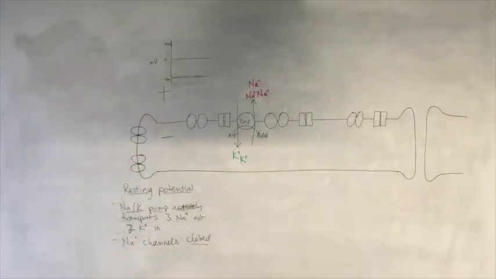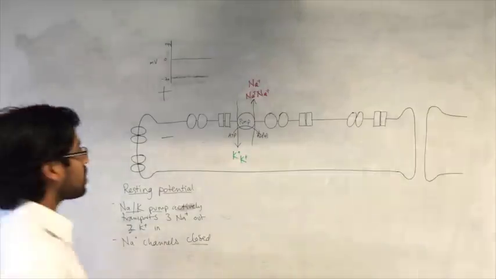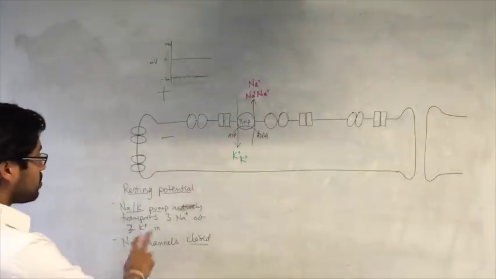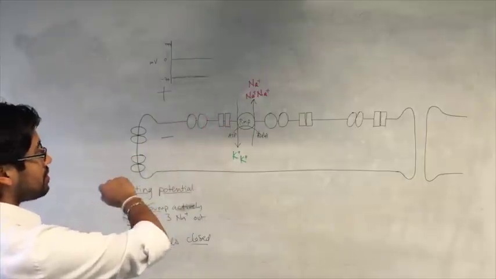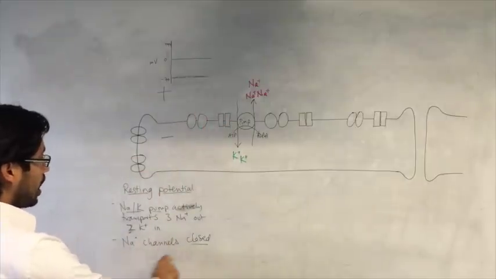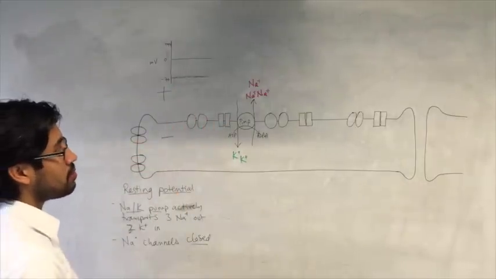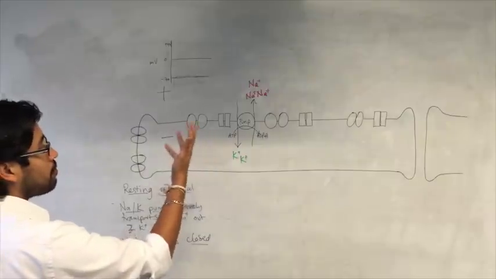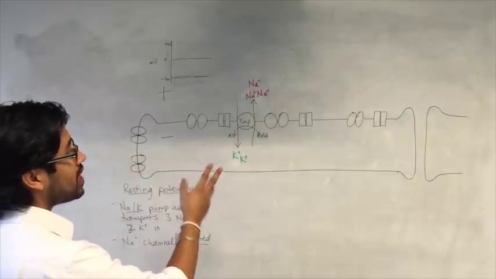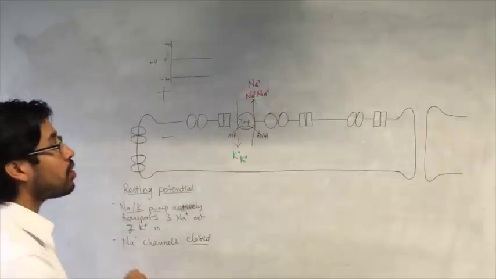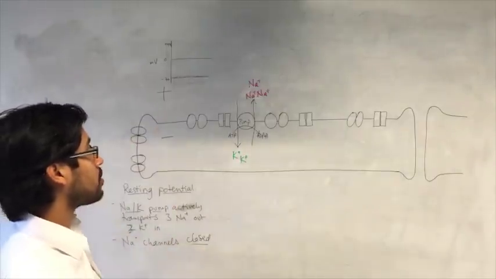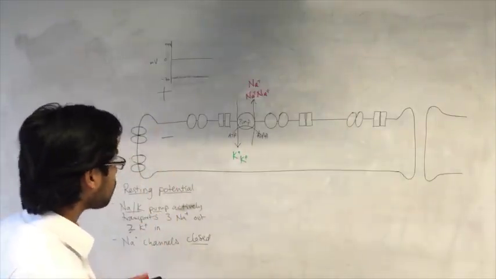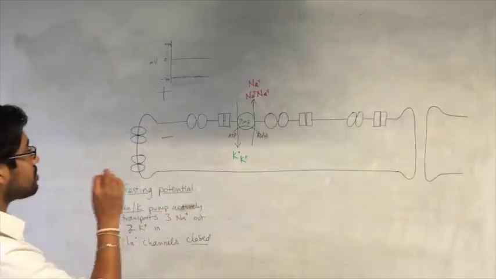Can you see that? Just about. So, the resting potential is maintained by the sodium-potassium pump, and the sodium channels are closed, preventing sodium coming in. Due to the electrical gradient, potassium doesn't go back out. It's already so positive out there. So that's our resting potential.